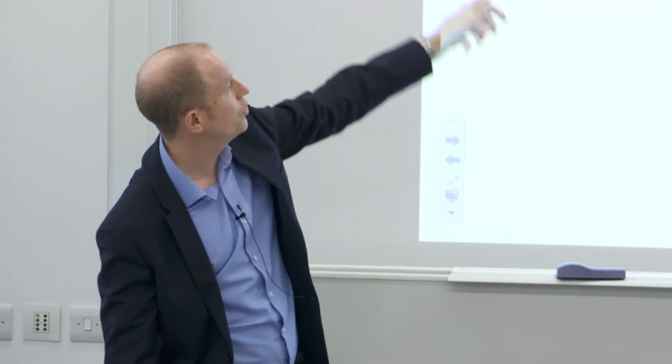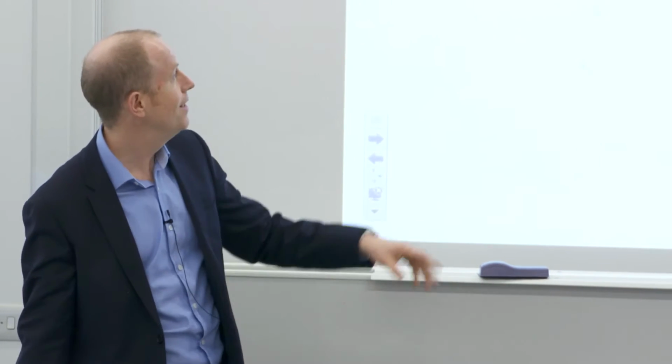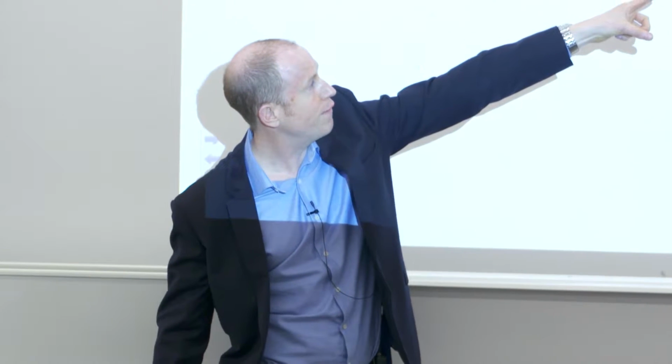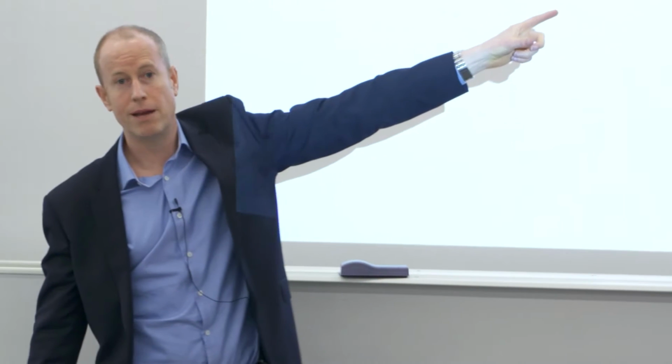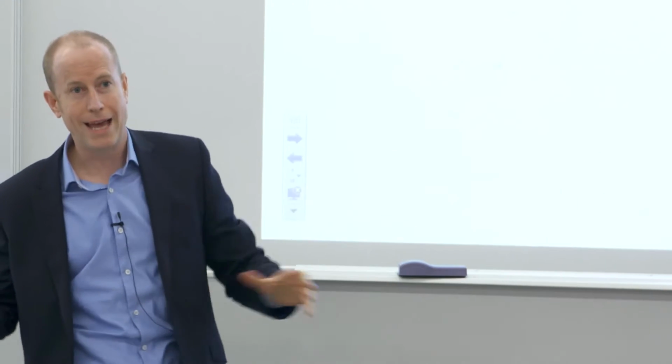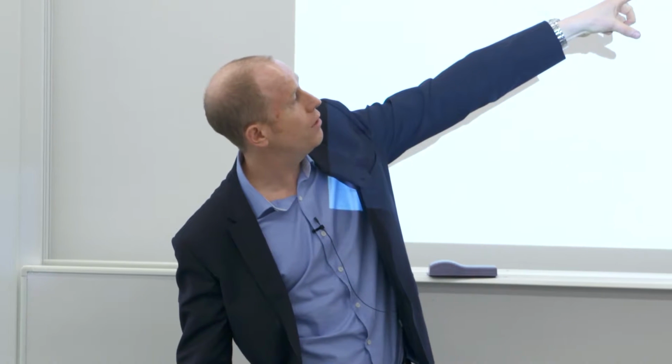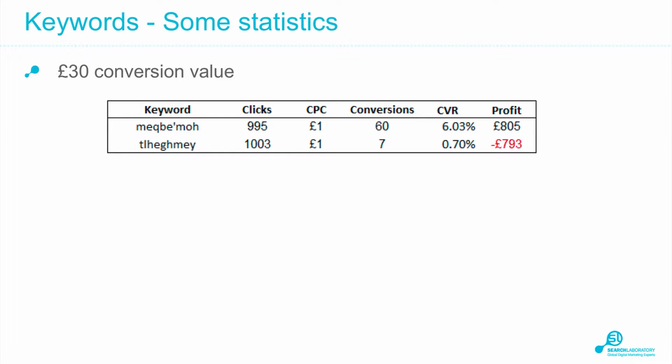60 times 30, that's not the question. But 60 times 30 minus the £995 that it's cost us has given us a profit of £805. So that keyword, that's a pretty good keyword. And for your information, I've put the conversion rate on there, which is the rate of conversions to clicks, which is 6.03%.